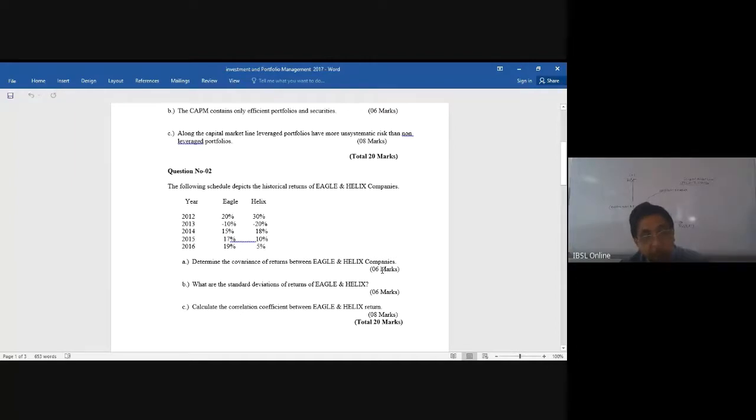Now, when you want to get the mean value for Eagle, what you need to do is add up all the returns together. So you just forget about the percentages.